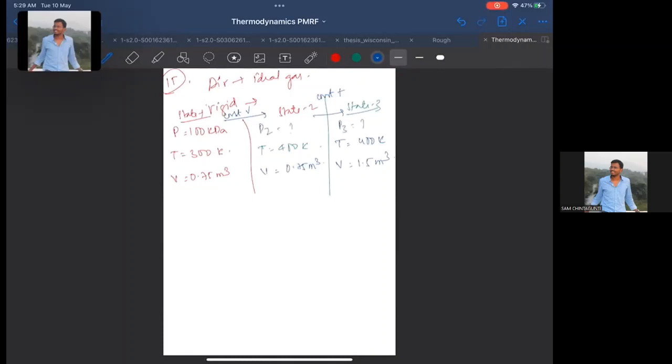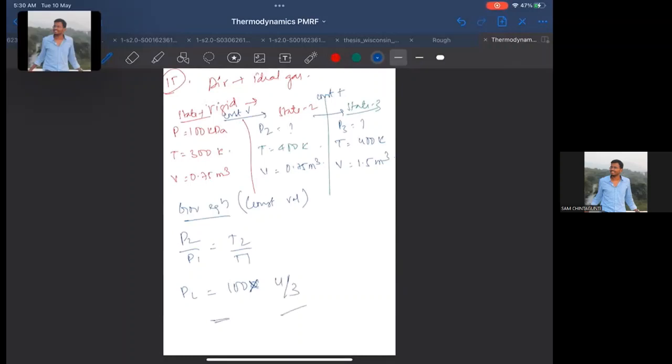So for an ideal gas at constant volume, the governing equation is P2 by P1 is equal to T2 by T1. So P2 is equal to 100 times T2 by T1, which is 4 by 3.